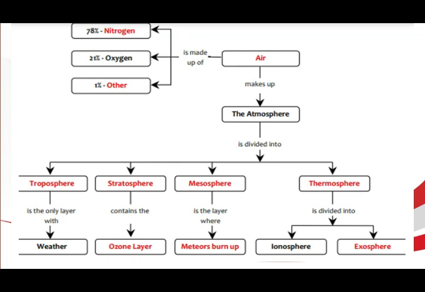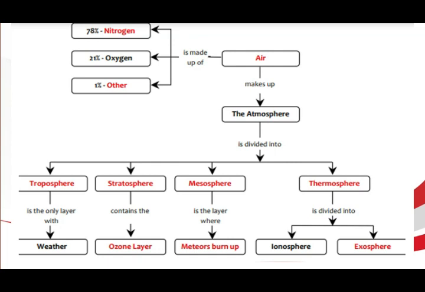The other 1% at most is other gases, like for example carbon dioxide, sulfur, etc. And the air makes up the atmosphere. The atmosphere is divided into 4 major layers: troposphere, stratosphere, mesosphere, and thermosphere. So let us look at simple details on the 4 major layers.